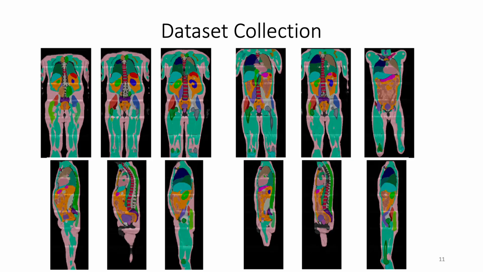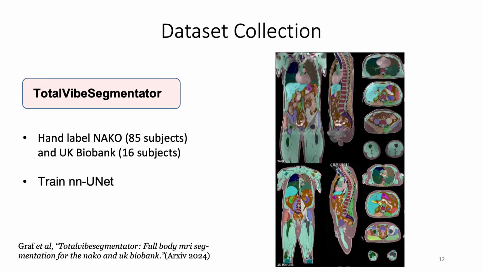The dataset collection procedure starts from the UK Biobank, and then we annotate it automatically using the TotalSegmentator MRI model, which was released earlier this year. This model was trained on 51 hand annotated labels of body organs from NAKO and 15 subjects from the UK Biobank, based on the nnU-Net.